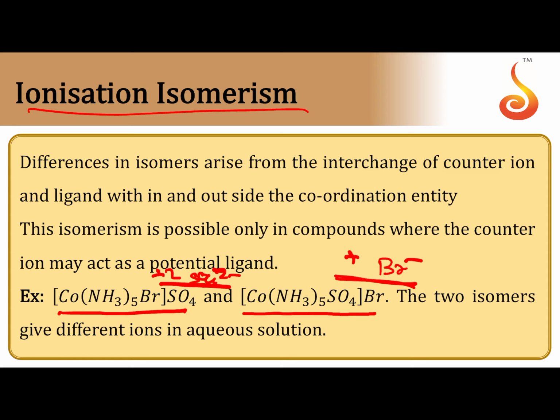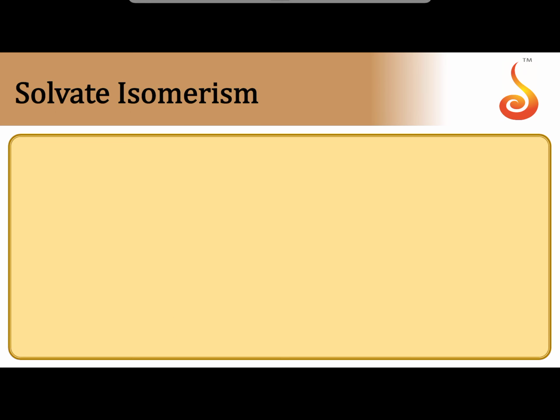So both the complexes differ in their mode of ionization. That's why they are called ionization isomers. To identify whether it exhibits ionization isomerism, an exchangeable counter anion and anionic ligand must be there. Both must be exchangeable.